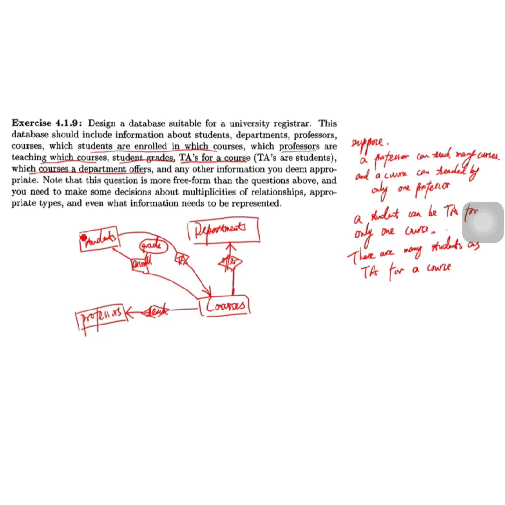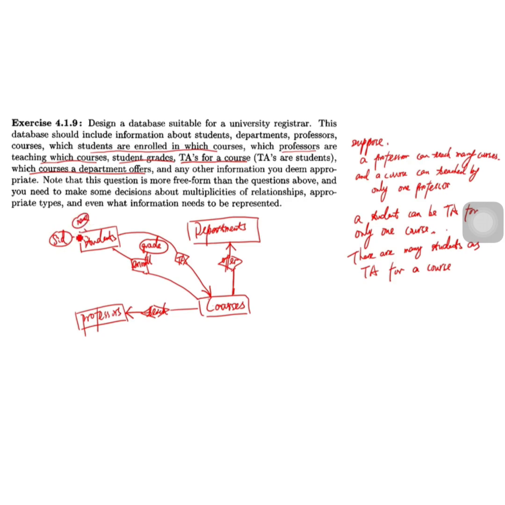Okay, and in this ER diagram there are no attributes here, but we know there must be some. In most cases there are attributes for an entity set, so you can consider some information here.